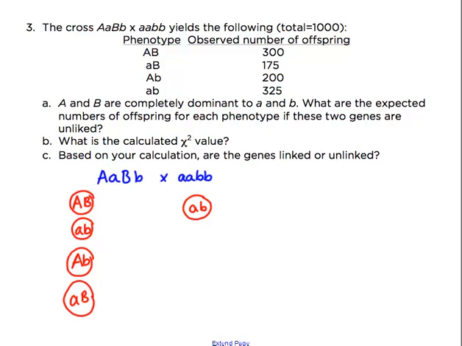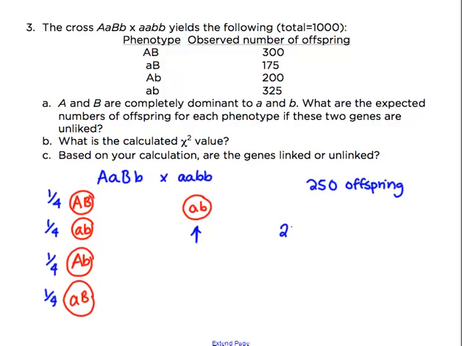Well, there are 4 possible phenotypes that this cross can give, and because this homozygous individual can only make 1 gamete, that means there's a 25% chance of each of these phenotypes. So, a quarter chance of this gamete, this one, and this one. Now, if there's a total number of 1,000 offspring, that means you would expect 250 offspring of each phenotype.